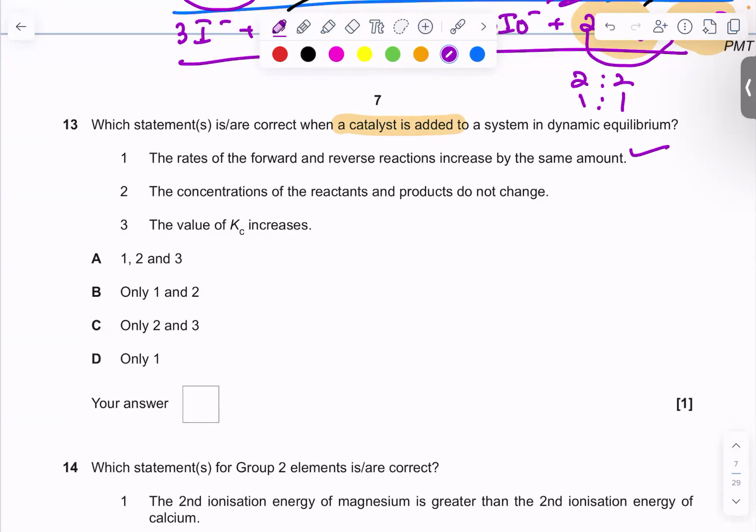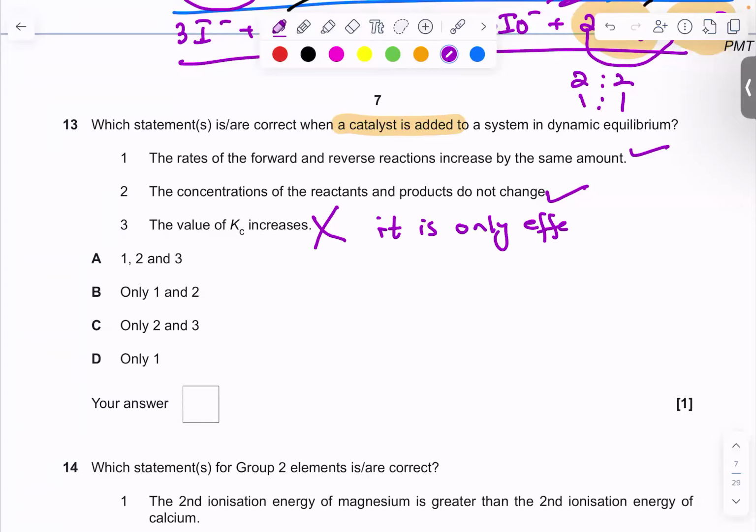The concentration of reactant and product do not change. That's true, they remain constant. The value of Kc increases. Kc is the equilibrium constant. No, I don't think so, it remains constant. It is only affected by temperature, right?